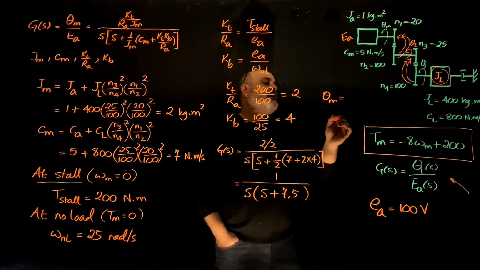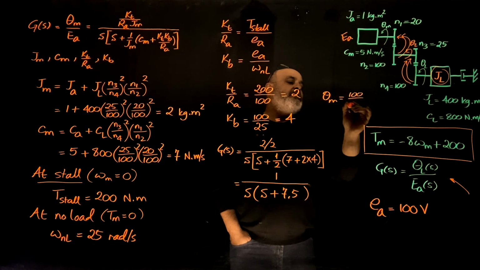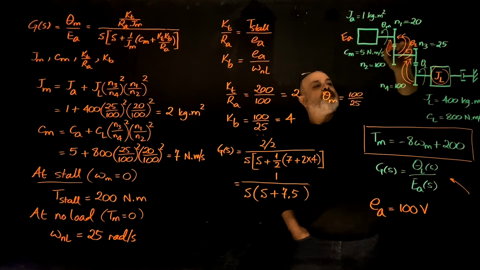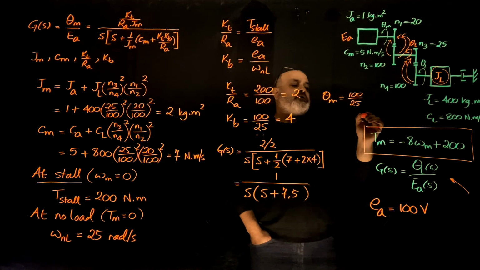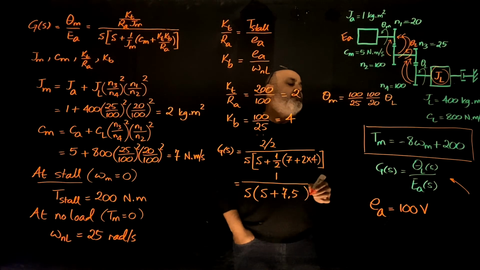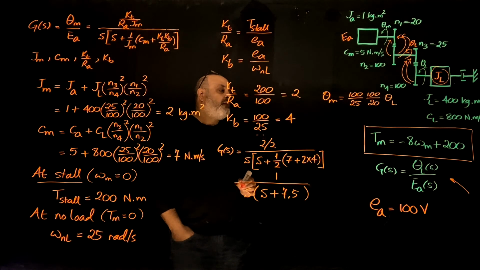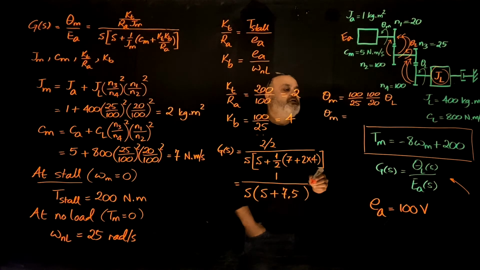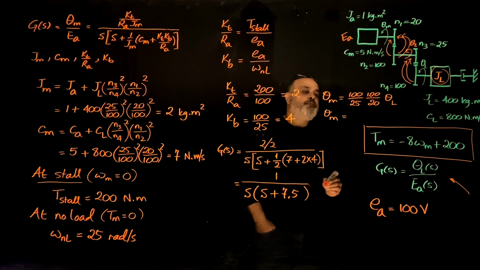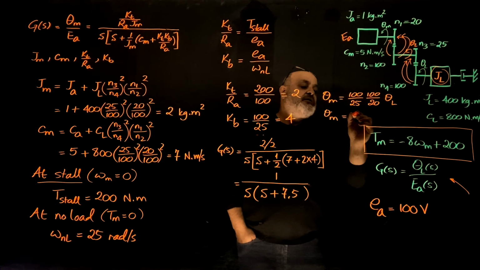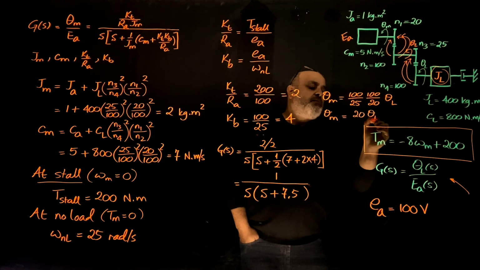So it's going to be 100 divided by 25, and then from N2 to N1 is going to be 100 divided by 20, theta L, which means that theta M equals 10,000 divided by 500, that is 20 theta L.